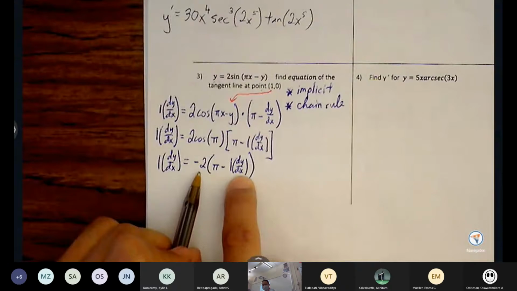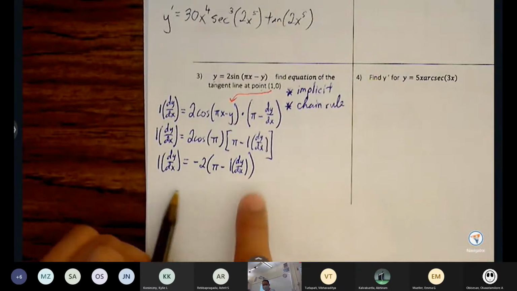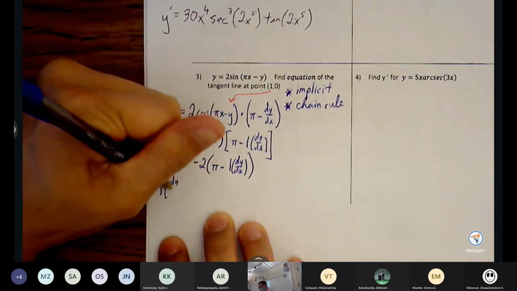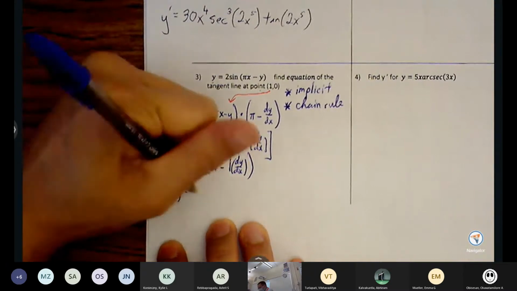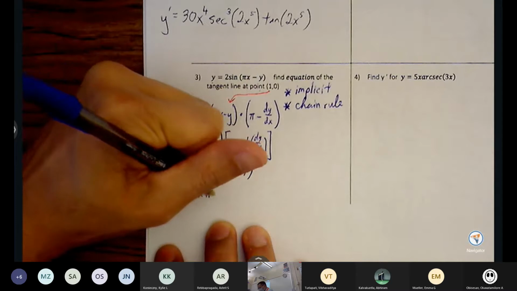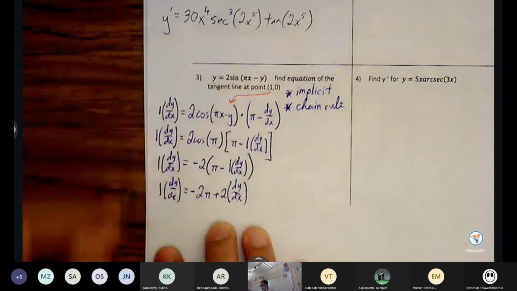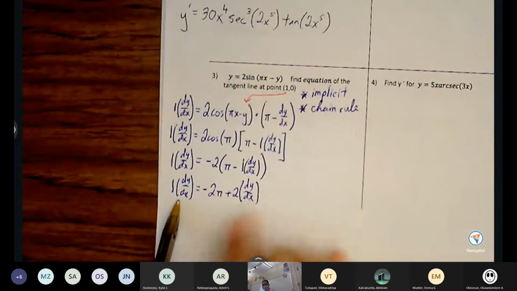Okay, if I distribute this through, I can begin to start moving things around to try to get dy dx. Okay, I have 1 dy dx here, I have 2 dy dx here.